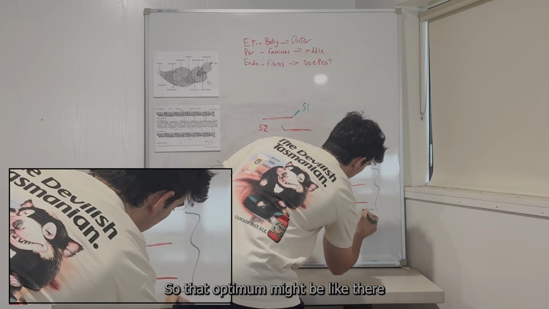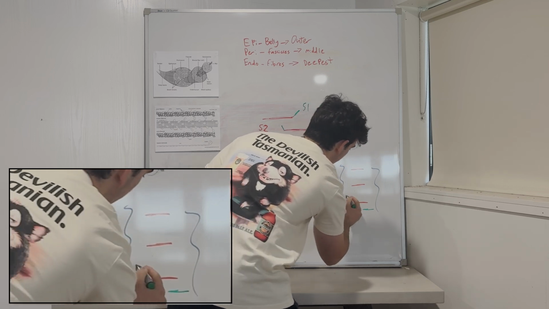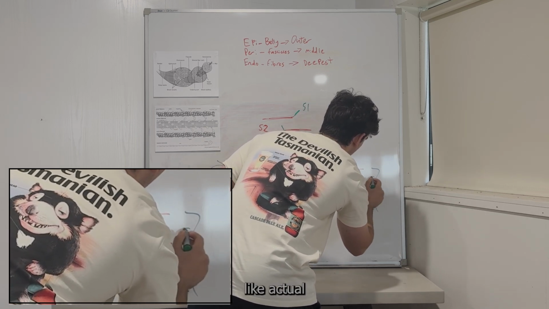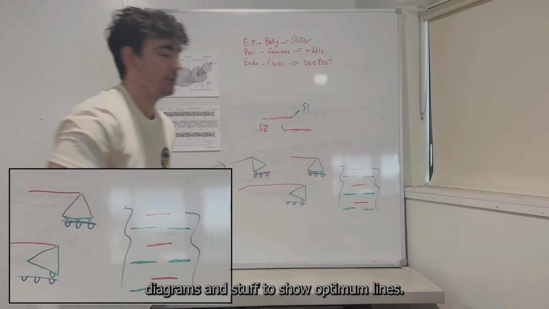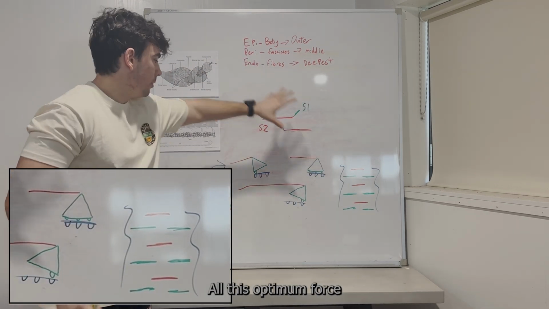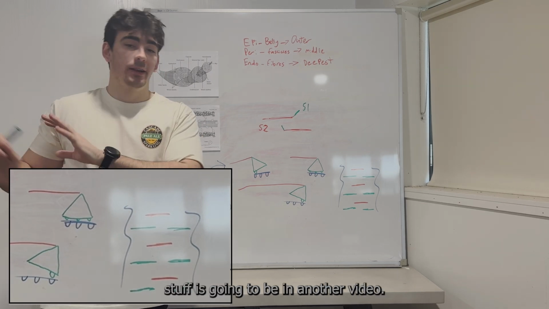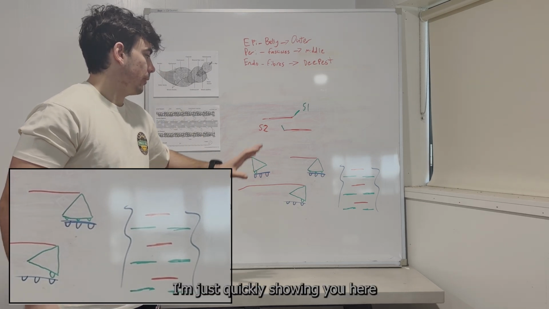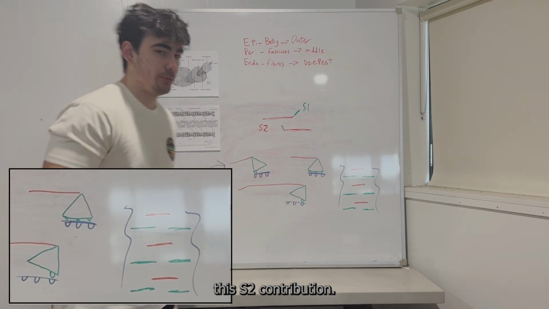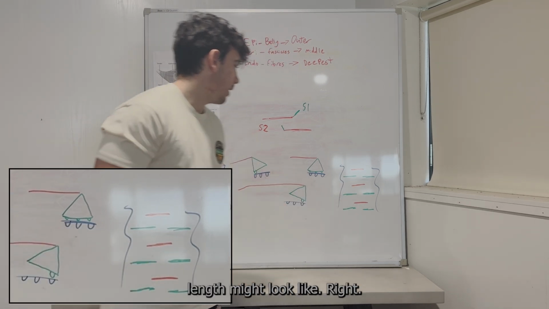There are actual diagrams to show optimum lengths, but all this optimum force stuff is going to be in another video. I'm just quickly showing you here because I want to highlight this S2 contribution. So this is what optimum length might look like.